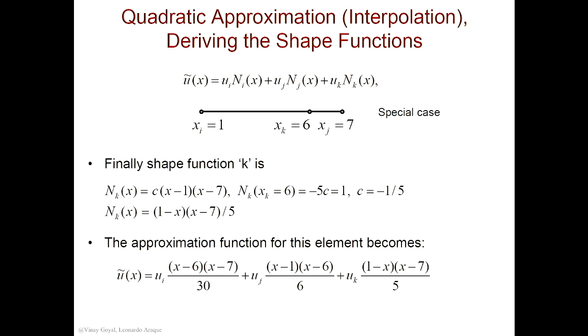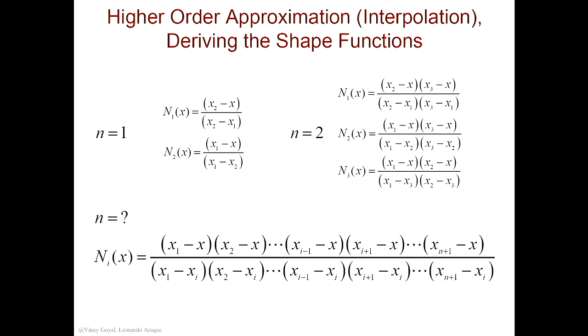So if I go to a cubic polynomial, how many unknown coefficients will I have? 4, but I have 2 endpoints to the element, so then I'll have 2 interior nodes. And then what will I do to define the shape function? Well, shape function i must be 0 at these 3 other nodes.